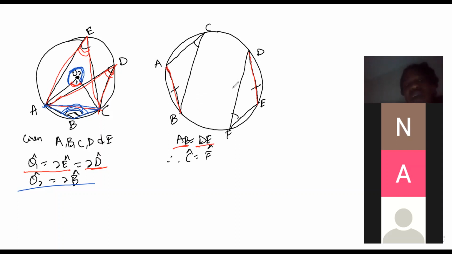So if you've got equal chords, then they subtend equal opposite angles. So this angle is equal to that. If these two chords are equal, therefore the angles opposite those sides are equal. Okay, so that's that one.